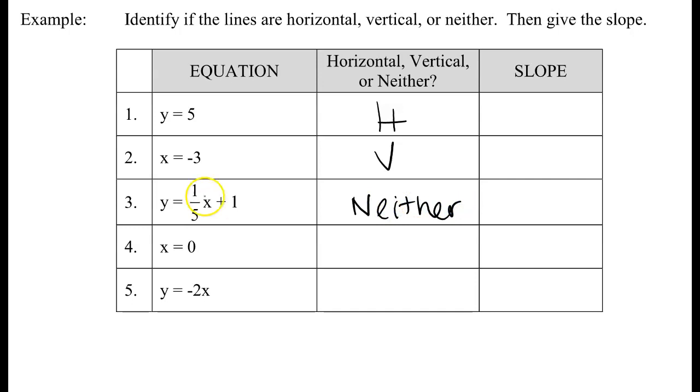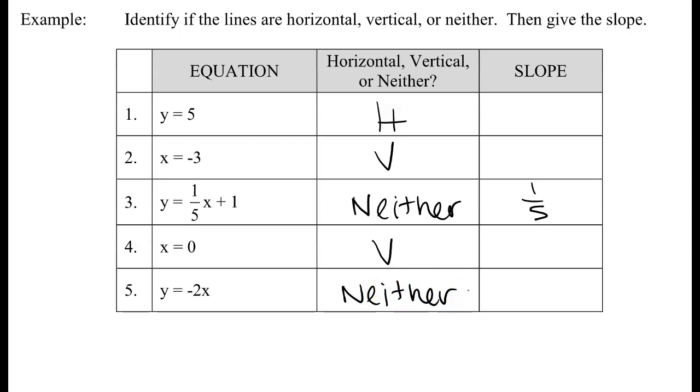Slope is always the number in front of the x or attached to the x, so in this case it would be 1/5. For x equals 0, since it's x equals, that's going to be a vertical line. And when you have y equals -2x, that's going to be neither because you have both x and y in the same equation.